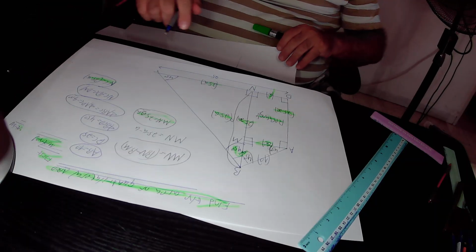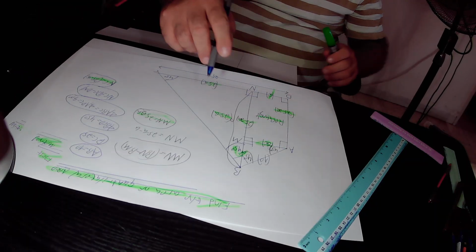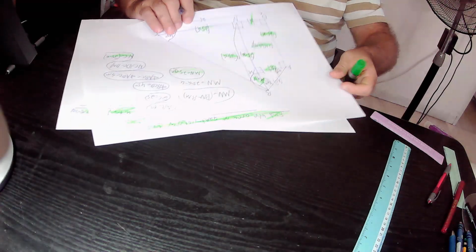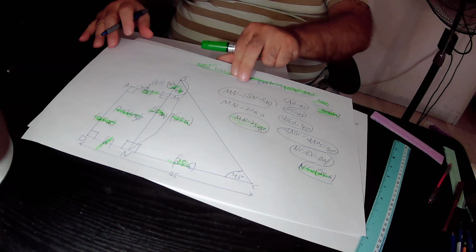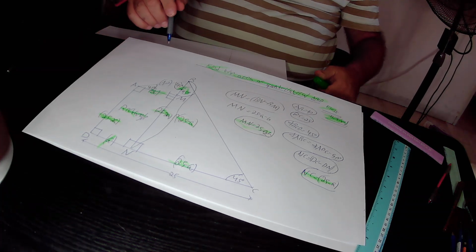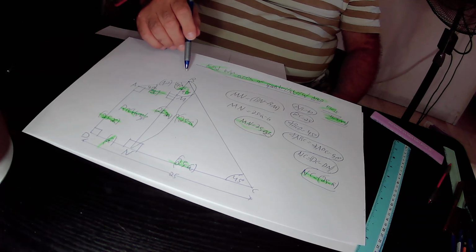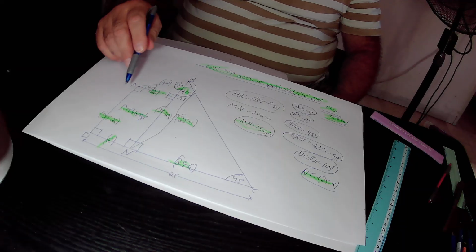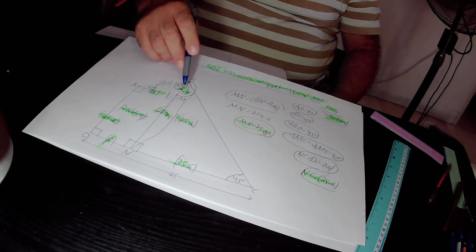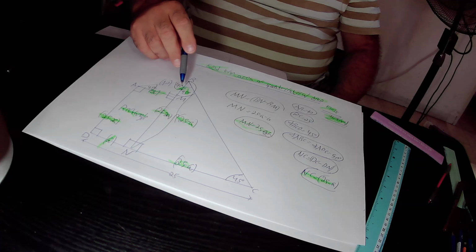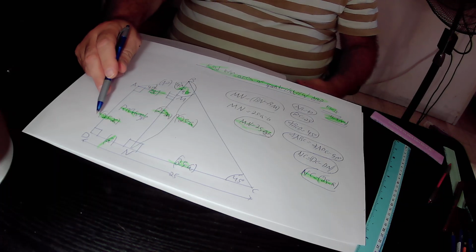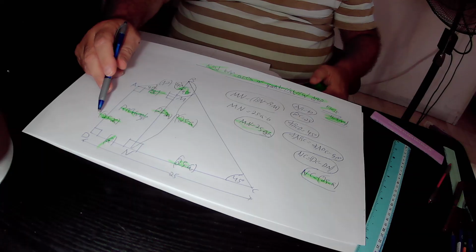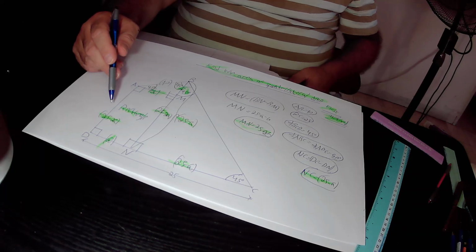Our task is to find the area of this quadrilateral ABND. In quadrilateral ABND, we have side MN parallel to the opposite side AD. According to the rule, the opposite sides of a rectangle are parallel to each other.